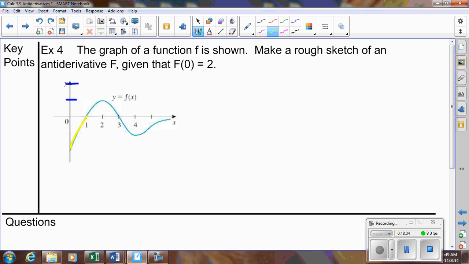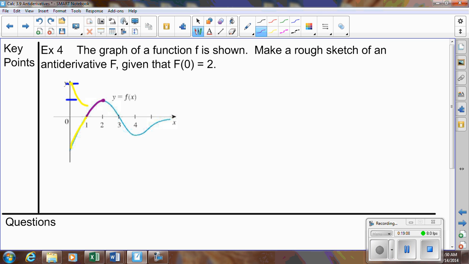So this is a way of telling us, for this interval from 0 to 1, we have to have a decreasing function, and then have a horizontal tangent line, followed by a positive slope. What does it mean for the derivative to be reaching a peak? That's an indicator for an inflection point.